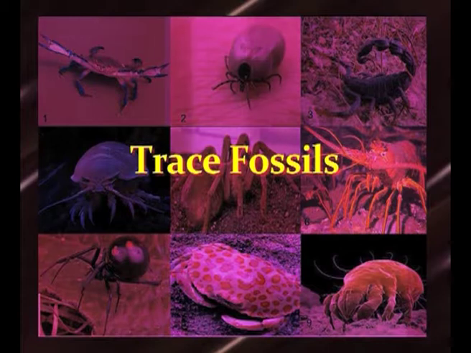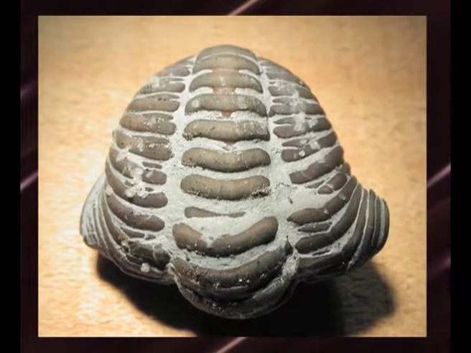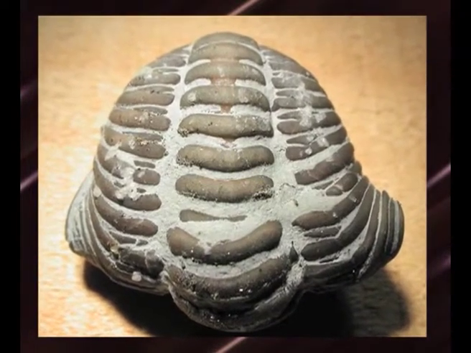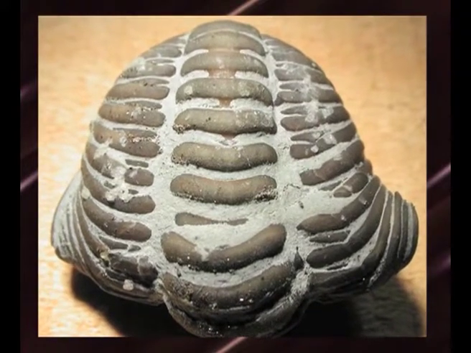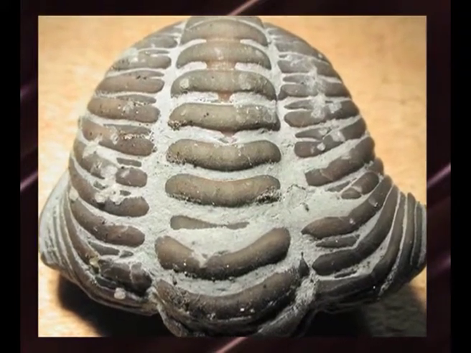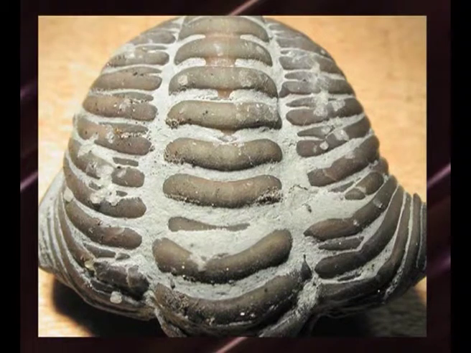Coming to the trace fossils. The combination of rigid appendages and the ability to be motile in a wide range of ecological habitats has provided a rich and diverse trace fossil record which can be assigned to the activities of arthropods.